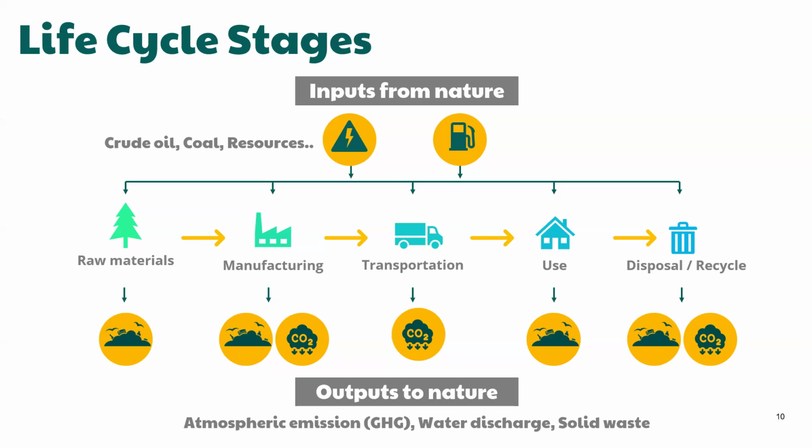For example, to manufacture any product, a coffee cup again, you need inputs from nature, such as crude oil, coal, petrol, electricity. So these inputs are essential components of the system, and you need to comprehend the outputs to nature once the product is manufactured. During the manufacturing process, for example, you would likely emit greenhouse gases, and you would discharge polluted water.